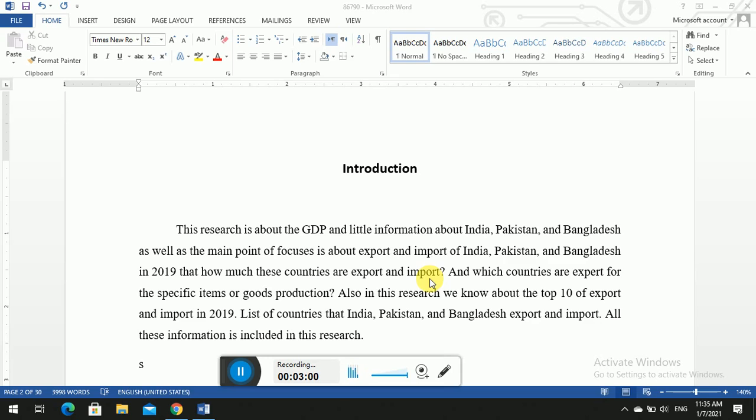What is their export and what is their import, and to which country they export a specific item or goods production. Also in the research we learn about the top 10 exports and imports in 2019, the list of countries that India, Pakistan, and Bangladesh export to and import from. All this information is included in this research, so it's easy for you to understand.